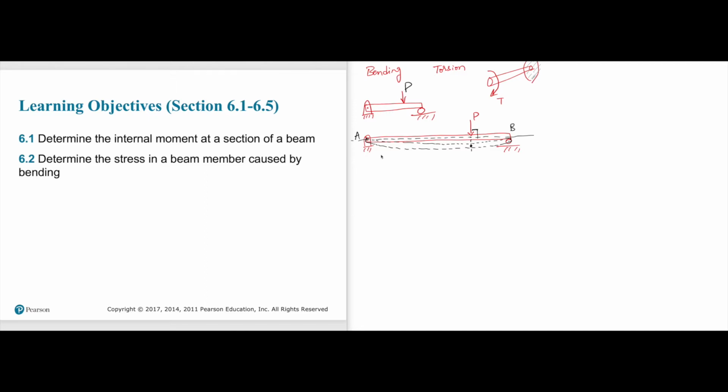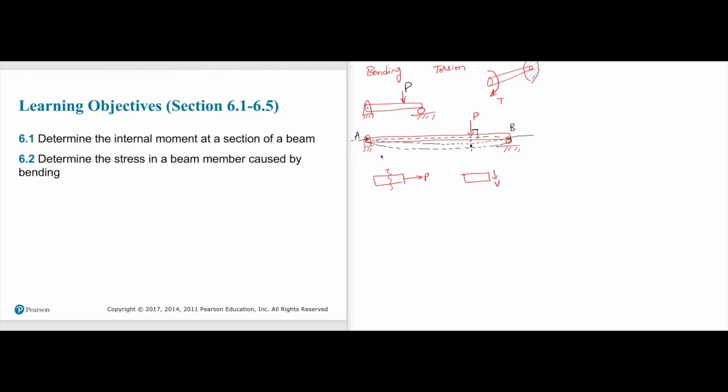right? So we cause normal stress by applying a load shown here, right? We cause normal stress. We cause shear stress by applying a load like this, shear force. Now we can also cause normal stress due to bending.